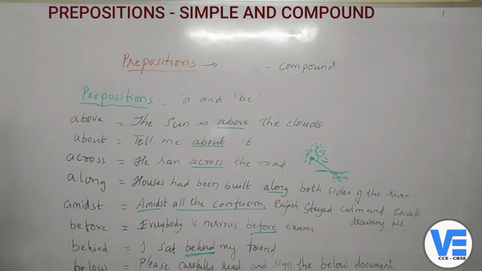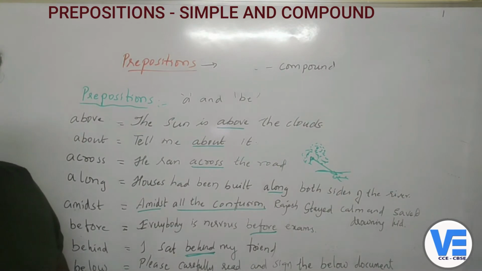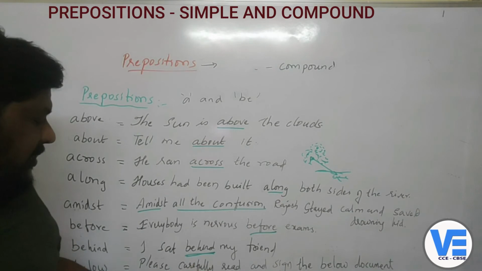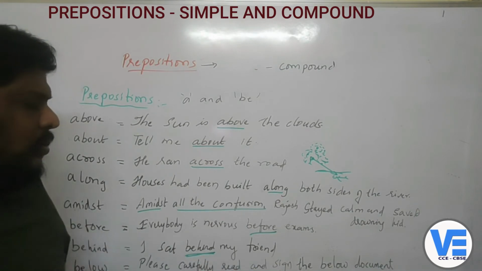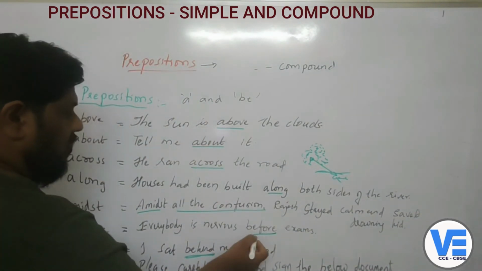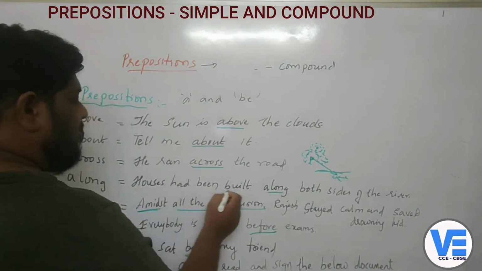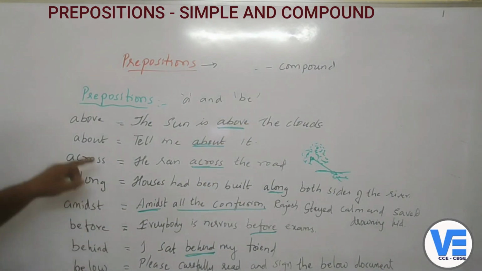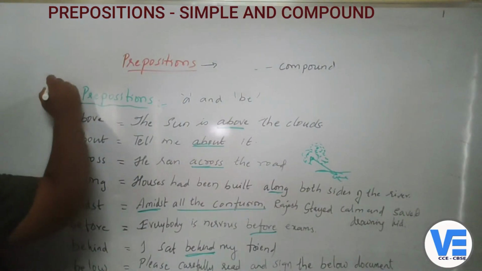Below: you'll be given some documents and asked to sign below at the end. Please carefully read and sign the below document. So this is how below, behind, before, amidst, along, across, about, above, all these words become compound prepositions.